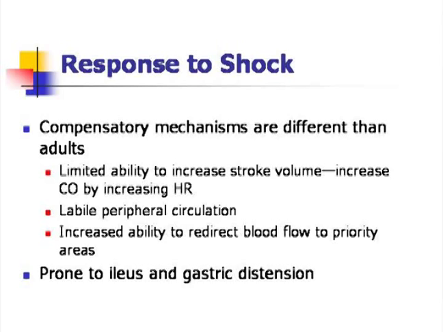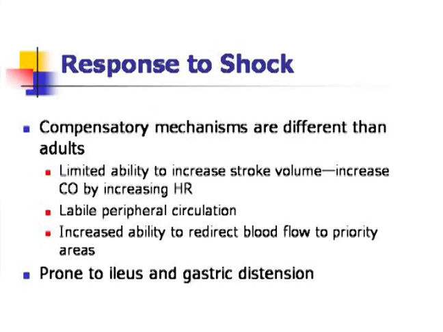They also have a labile peripheral circulation, which can make them very difficult to assess clinically. You're looking for capillary refill and peripheral pulses. They tend to have this labile peripheral circulation, which changes with injuries and also the amount of stress they're having.